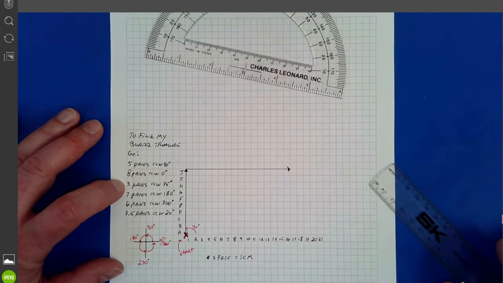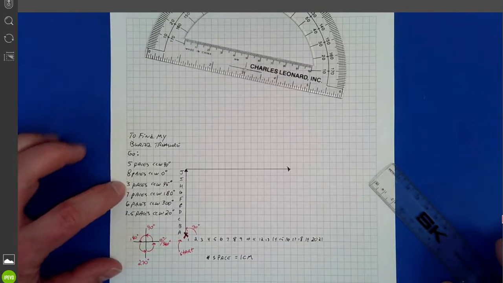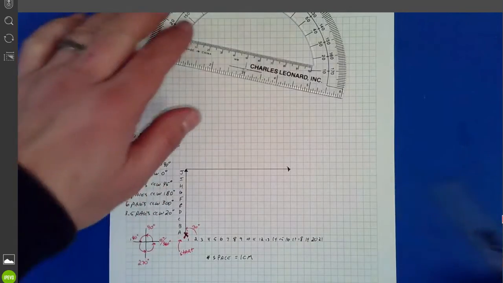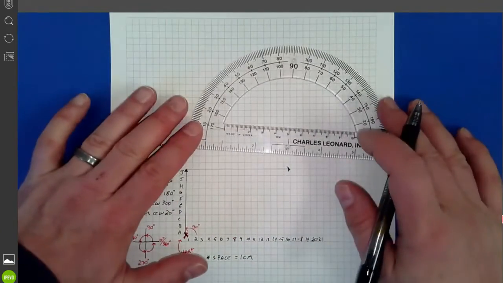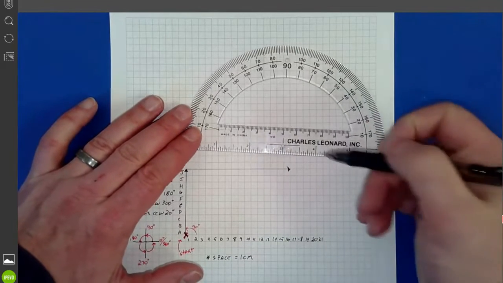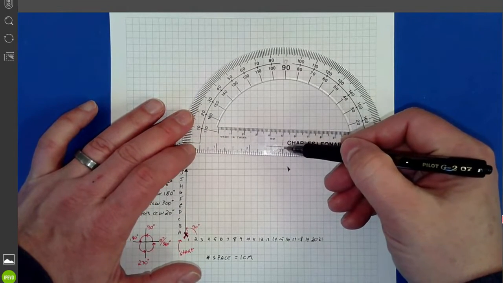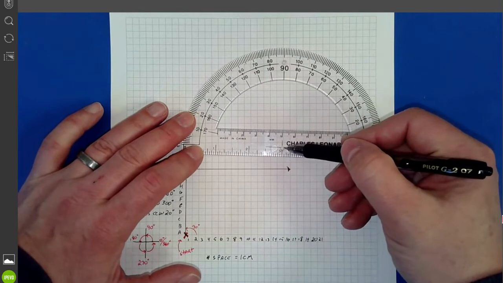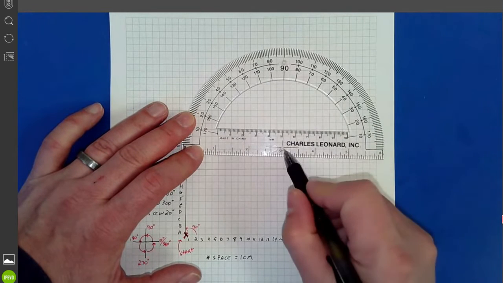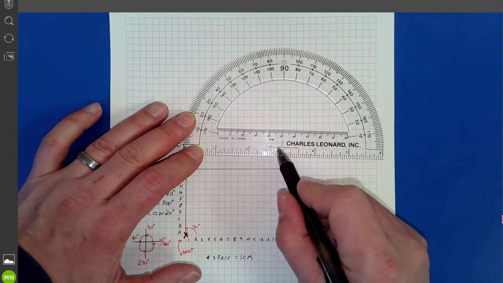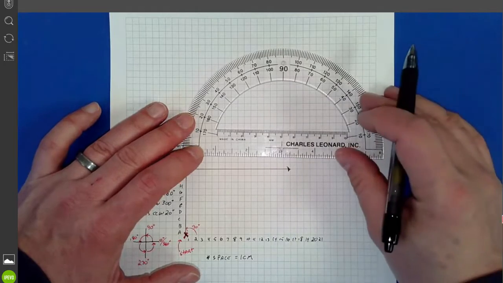The third vector is 3 paces, so 3 centimeters, counterclockwise 45 degrees. I take my protractor, and the hole in the protractor here is the origin of the protractor, where all the angles are measured from. This origin has its own x-axis and its own y-axis.